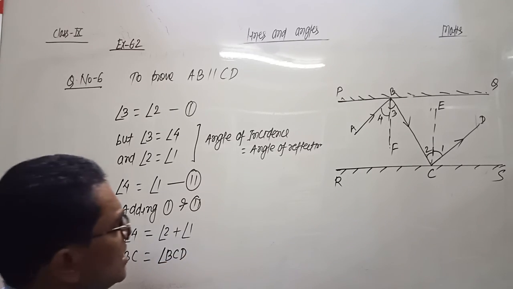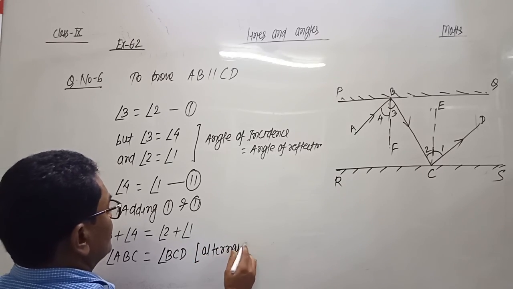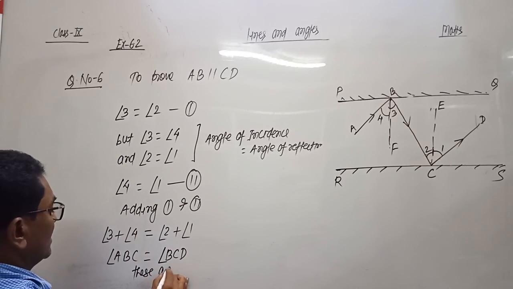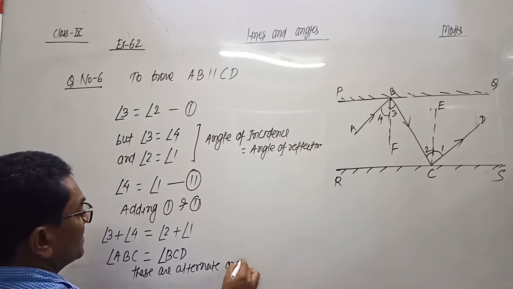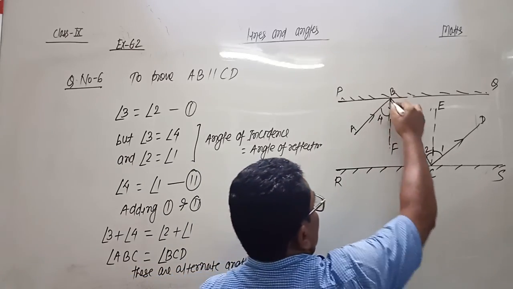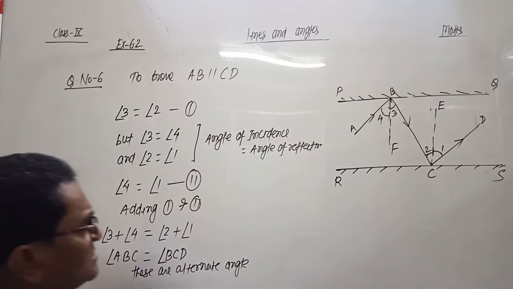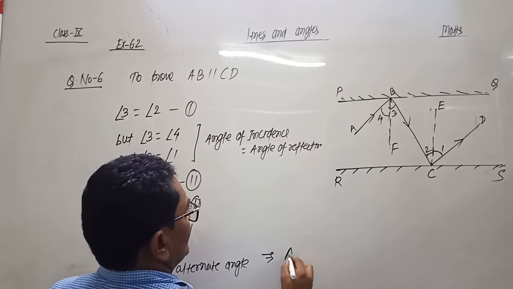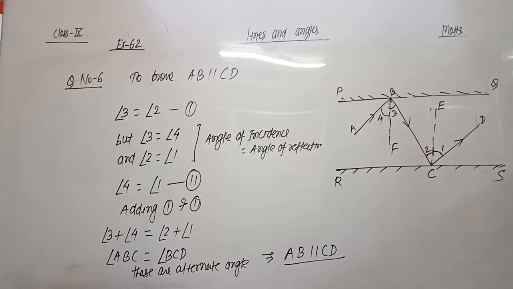But these are two alternate angles, angle ABC and angle BCD. If alternate angles are equal, then we conclude that line AB is parallel to line CD.